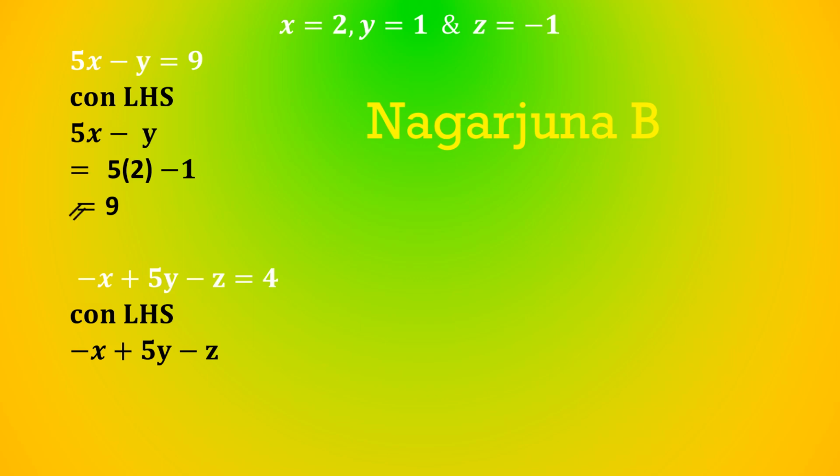Therefore we can write minus 2 plus 5 into 1 minus of minus 1. So 5 into 1 is 5, 5 minus 2 is 3, then 3 minus of minus 1 is plus 1. So 3 plus 1 will be equal to 4. Means we have got RHS. LHS is equal to RHS.